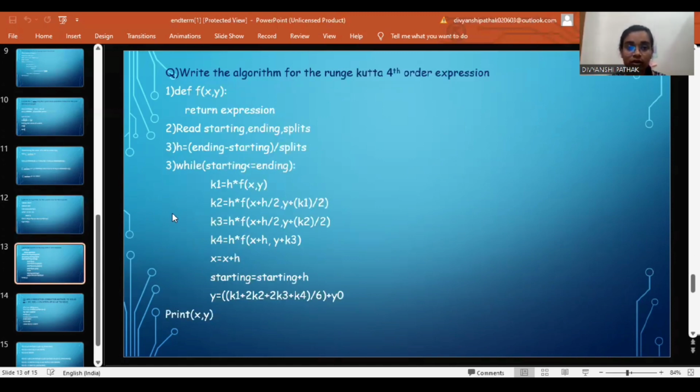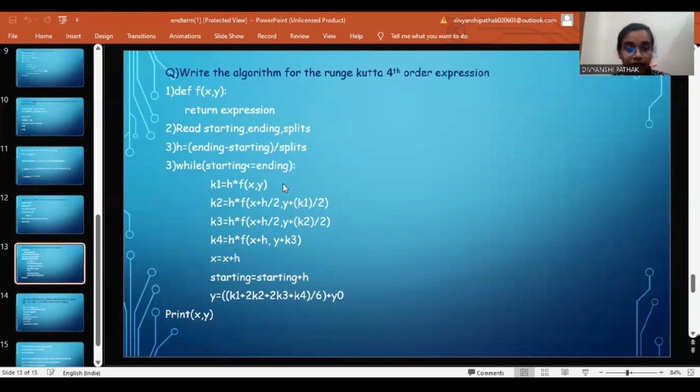Now, the next question, write the algorithm for the Runge-Kutta fourth order expression. In the first step, we will take a function f which takes two parameters x and y and returns the given expression. In the second step, we will read starting, ending, and splits. In the third step, we will evaluate h using the previous values of starting, ending, and splits. Here, h equals ending minus starting upon splits. Now, there is a while loop for the condition starting less than or equal to ending.